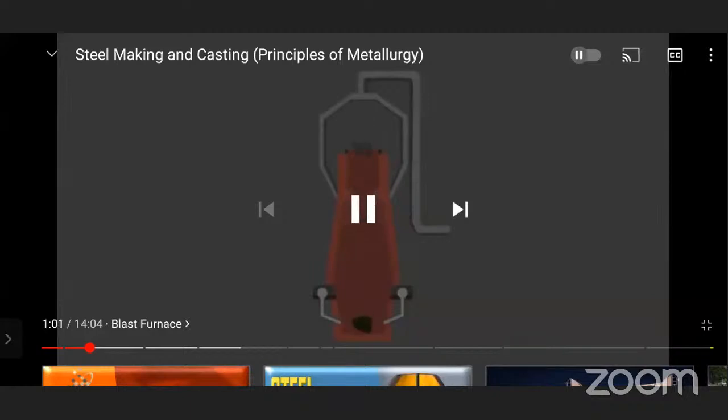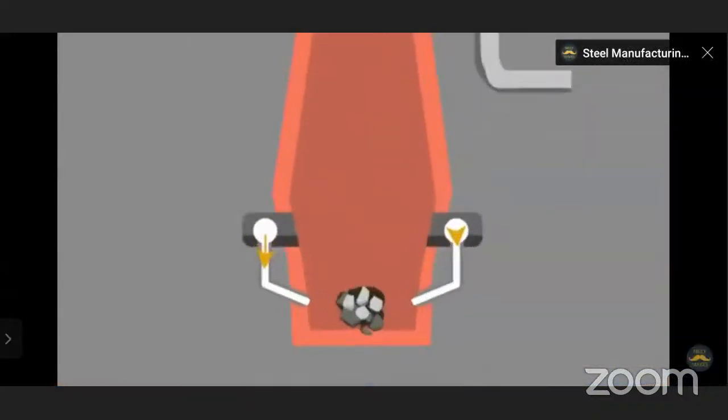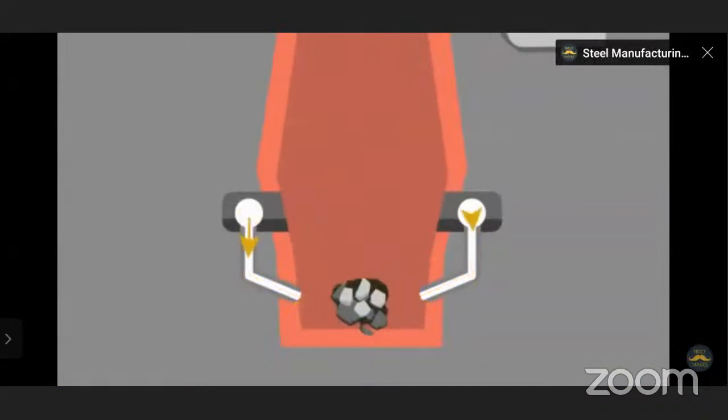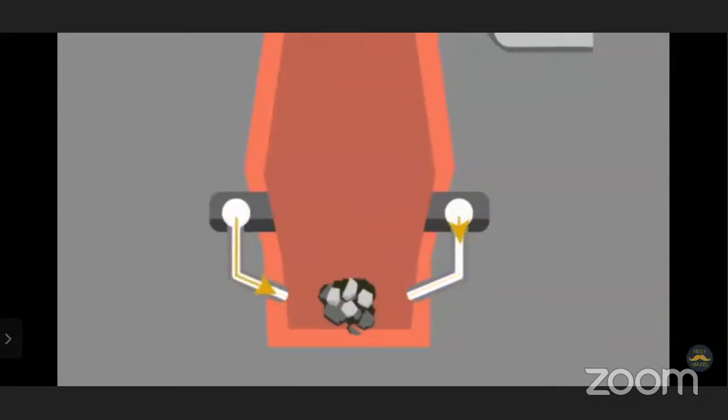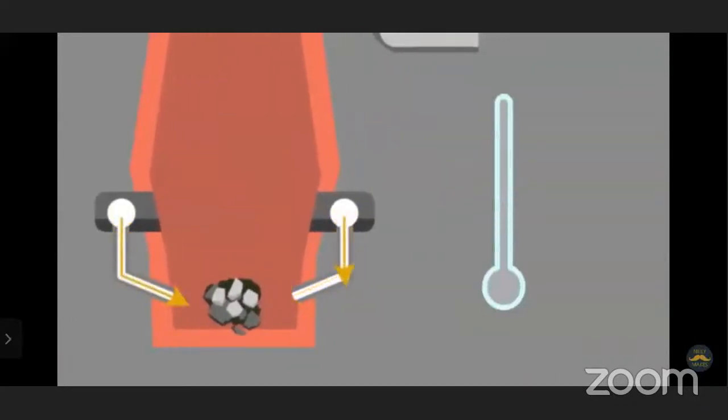Sinter is added to the blast furnace along with coke and lime, and a continuous hot air blast is injected through nozzles called tuyères in the base of the furnace. This air blast, from which the process gets its name, helps raise the temperature of the furnace to 2,200 degrees Celsius or 4,000 degrees Fahrenheit.